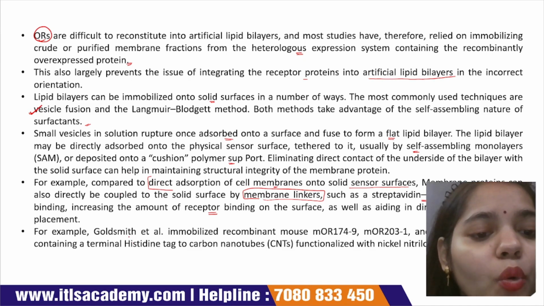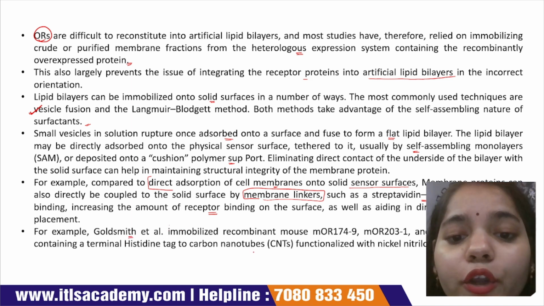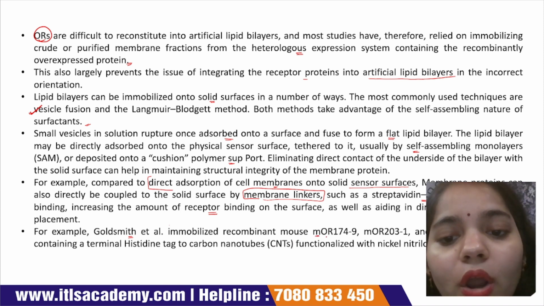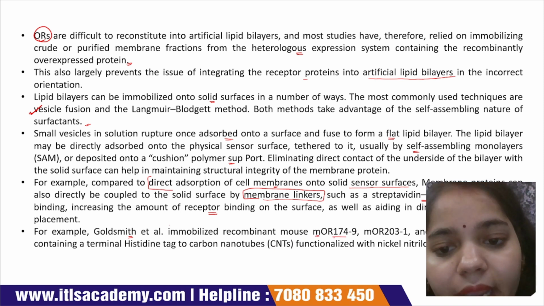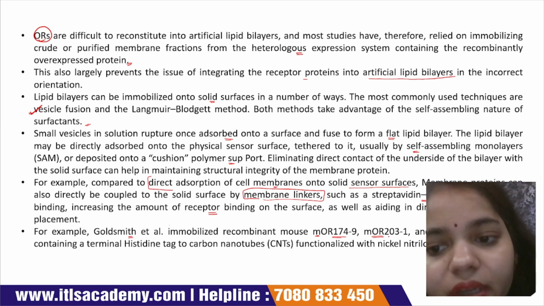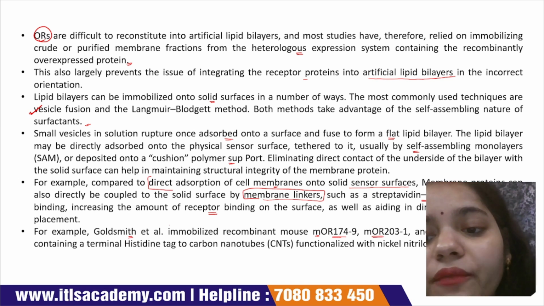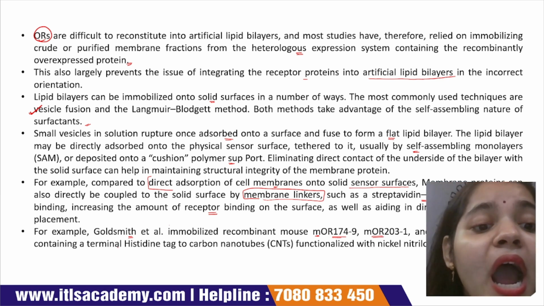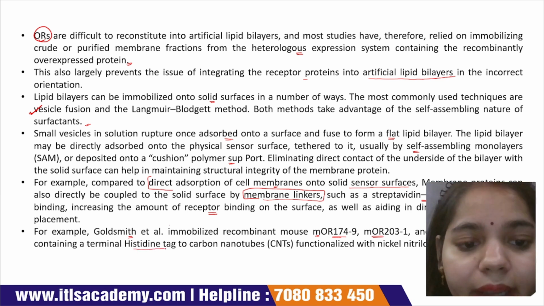Now we understand this with the help of an example. A scientist Goldsmith and his colleagues immobilized the recombinant mouse olfactory receptor 174-9, mouse olfactory receptor 203-1, or mouse olfactory receptor 256-17 proteins containing a terminal histidine tag.